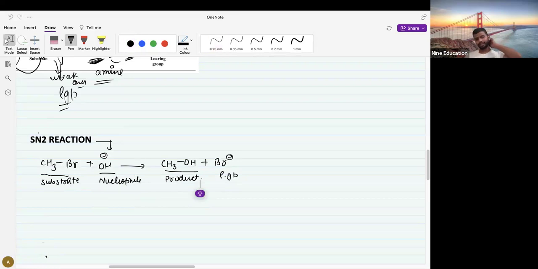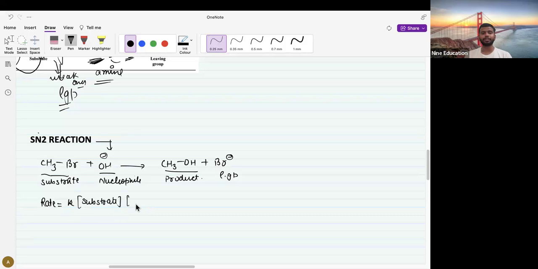है ना? This is which reaction? SN2 reaction. See, so the rate of this reaction, we will write rate of this reaction is equal to K times concentration of substrate into concentration of nucleophile.